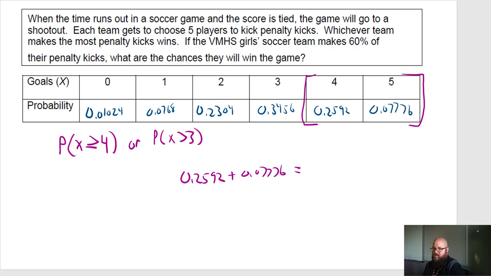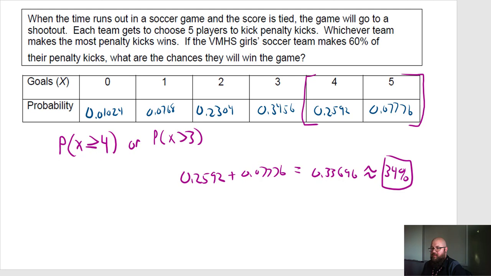When you add those up, you should get 0.33696, which is equivalent to right at 34%. So if the other team has scored 3 goals out of their penalty kicks, then the VMHS girls soccer team has a 34% probability of winning.